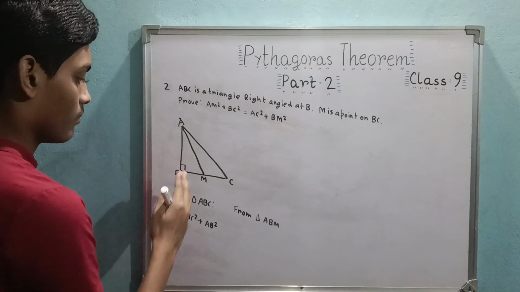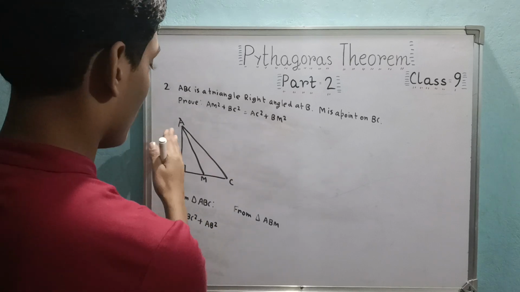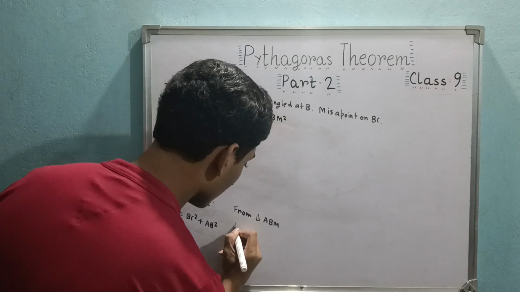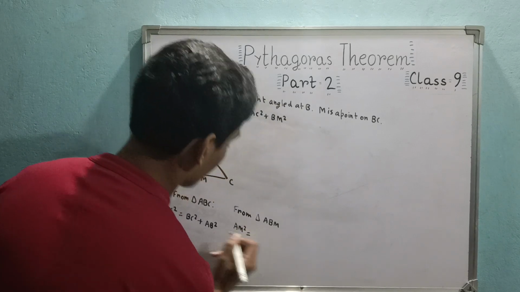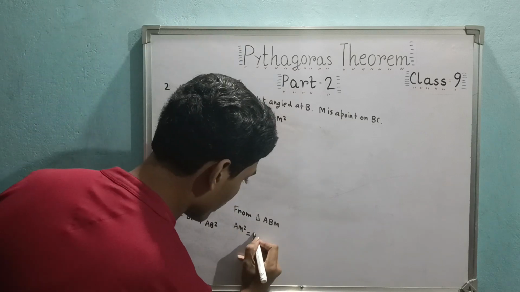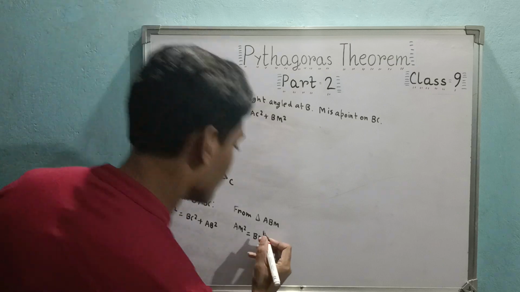hypotenuse square AM square equal to base square BM square plus height square AB square.